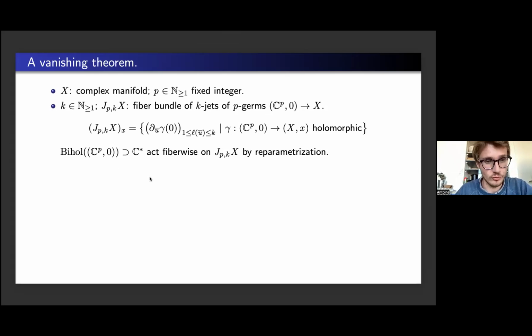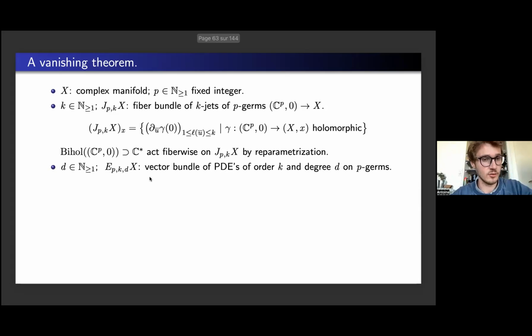So that being introduced, we can now introduce the objects that will encode the algebraic ODEs or PDEs that we were talking about in the general strategy. And it is the following. We fix d an integer, and we consider the vector bundle of PDEs of order k and degree d, acting on p-germs.